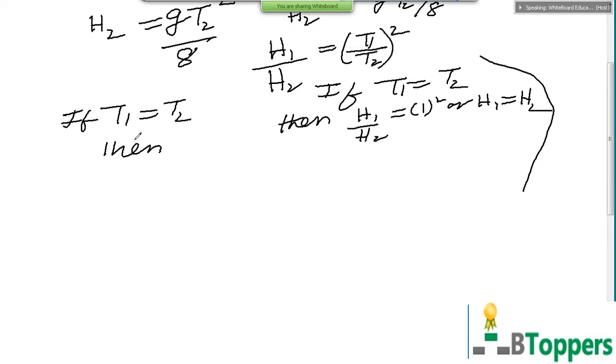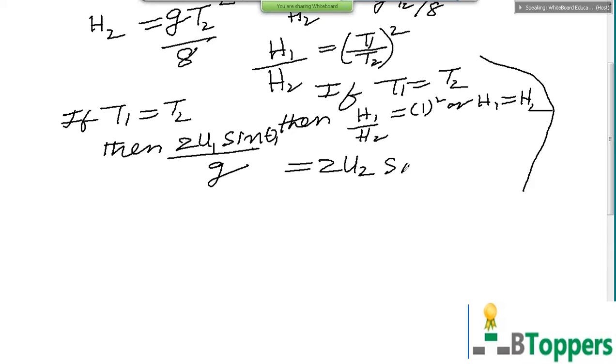Then the time of flight of the first projectile in terms of its initial speed of projection and angle of projection is given by T1 equal to 2U1 sin theta 1 by g. The time of flight of the second projectile is given by T2 equal to 2U2 sin theta 2 by g.